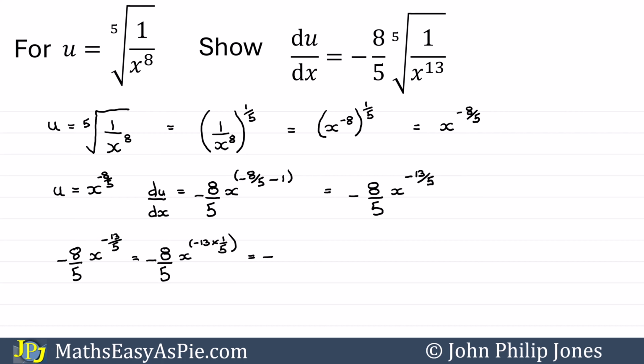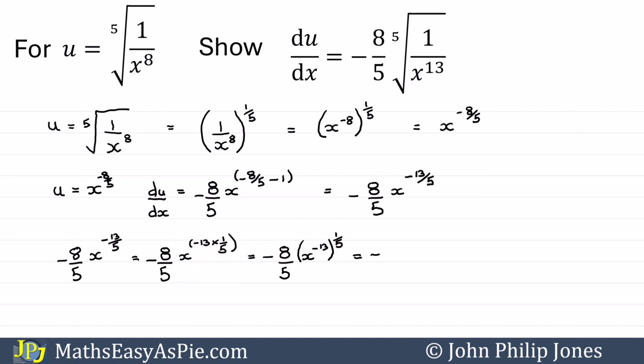This will then equal minus 8 over 5, x, and I'm going to put x to the minus 13 in brackets, and outside the brackets I'm going to put 1/5. Of course, on our work on indices, we should know that this minus 13 is multiplied by this 1/5, which is what we had here with our calculation. So it's legitimate to go from here to here.